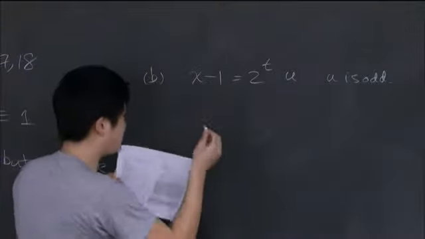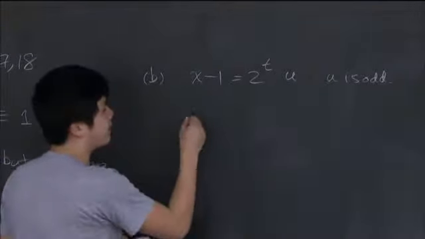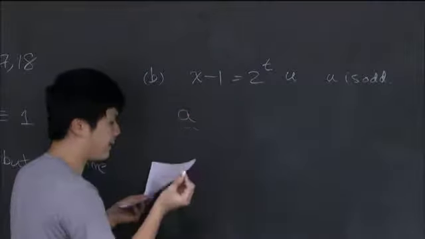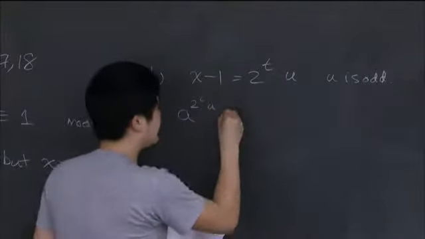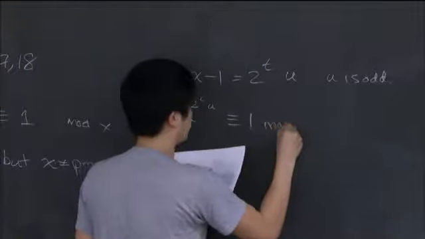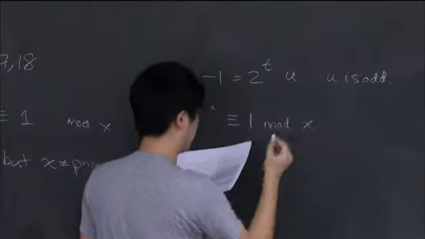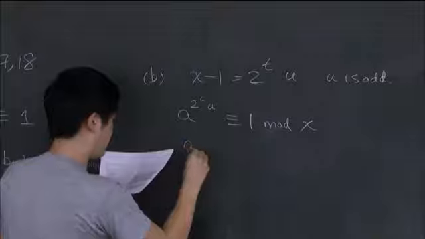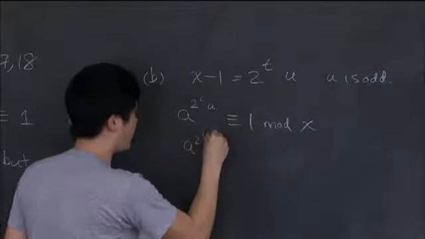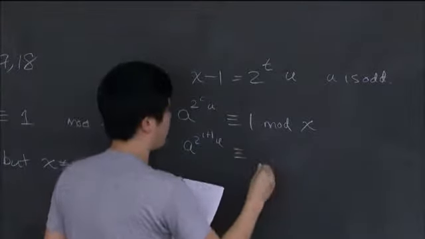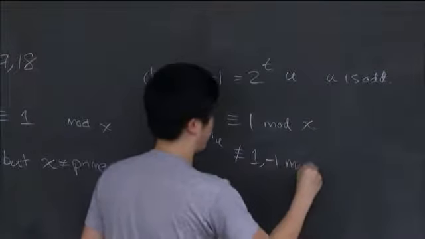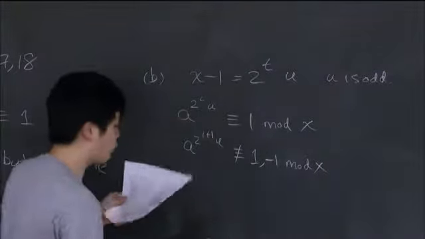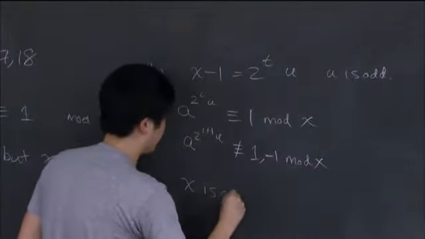And the statement says, suppose I find some integer a, such that a to the 2 to the I times u is congruent to 1 mod x, but a to the 2 to the I plus 1 times u is not congruent to 1 or minus 1 mod x. Then the statement says true or false, x is composite.